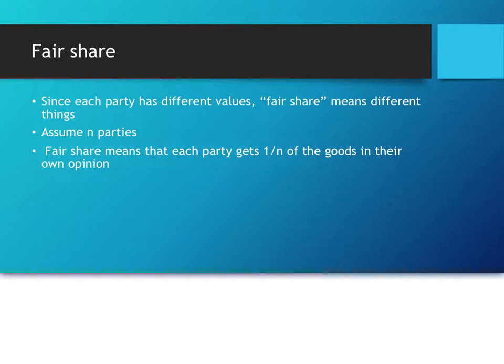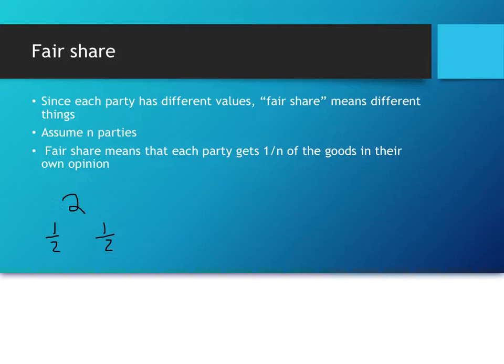So, for instance, if it's me and my sister, we have two parties. Okay? So, when we walk away from this, I better think that I have at least half of the goods, and she better think that she has at least half of the goods. All right? If we don't, then we don't have fair shares.